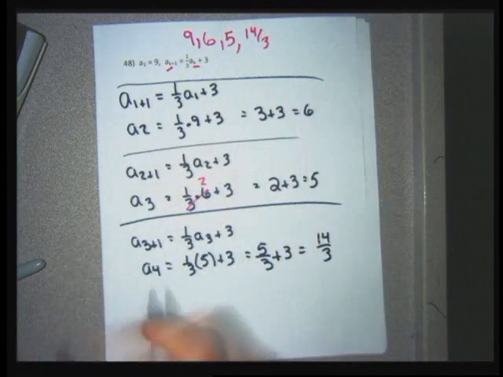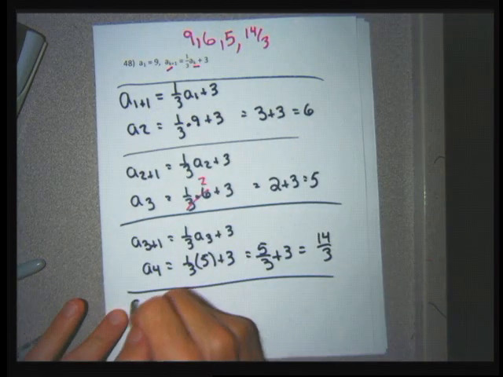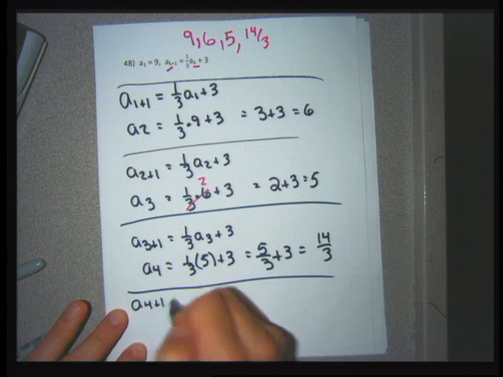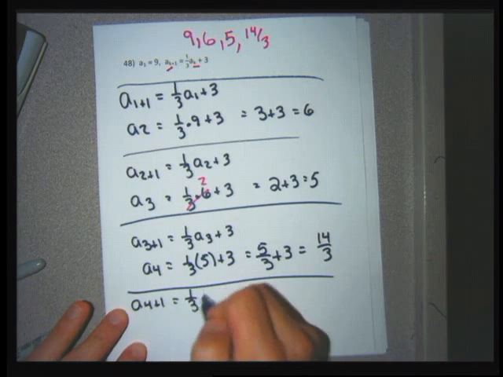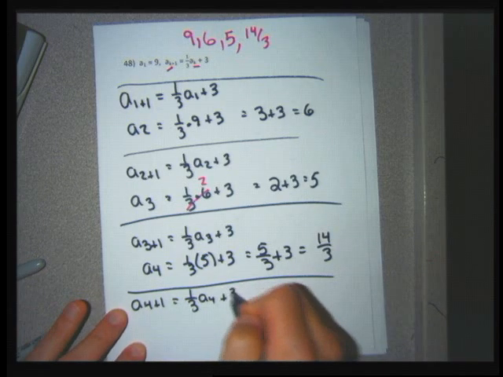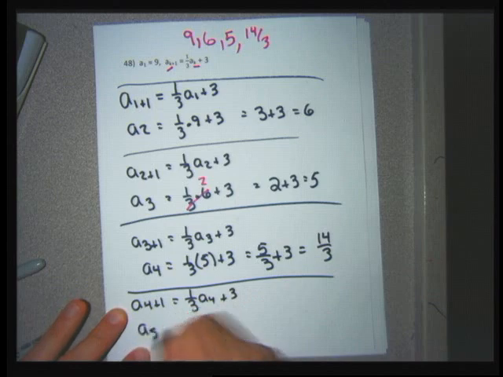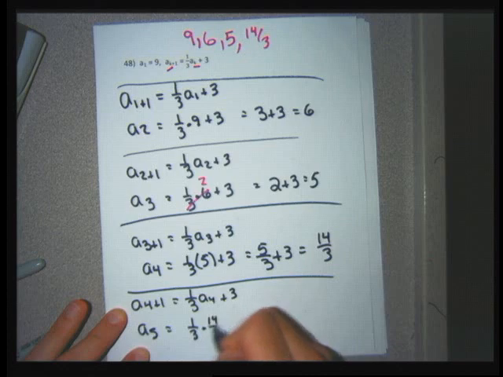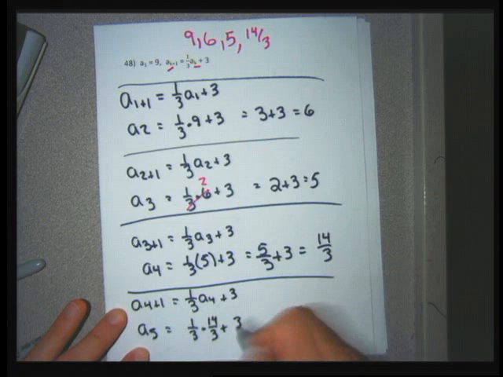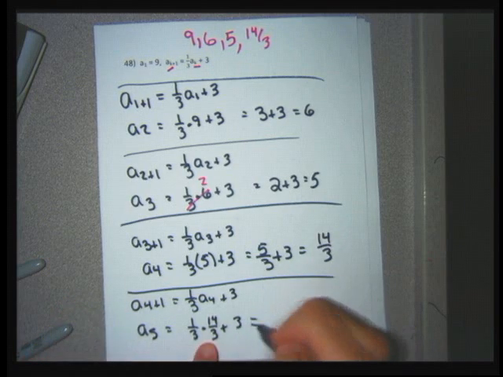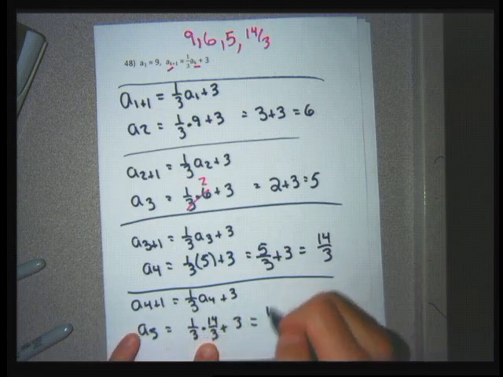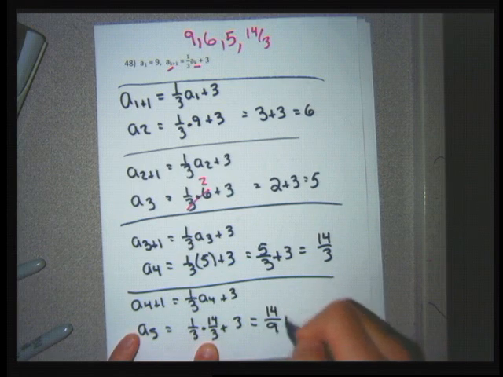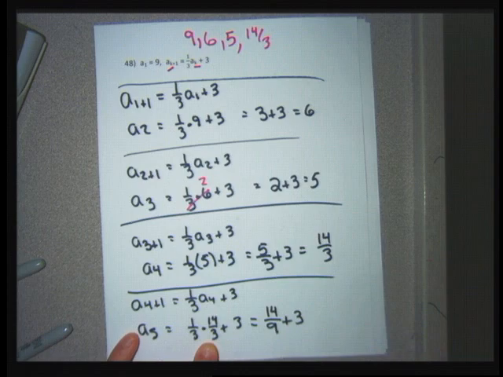And then the fifth term, which is the last one I need to find, a sub 4 plus 1 equals 1/3 times a sub 4 plus 3. This gives me a sub 5 equals 1/3 times 14/3 plus 3. I can do this multiplication because if you multiply fractions, you multiply the numerators and the denominators. So this gives me 14/9 plus 3.